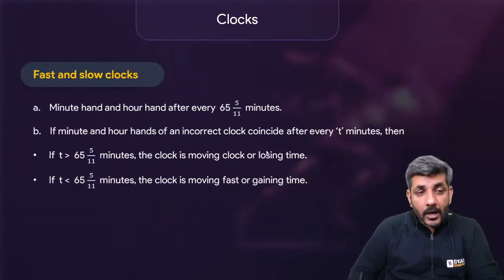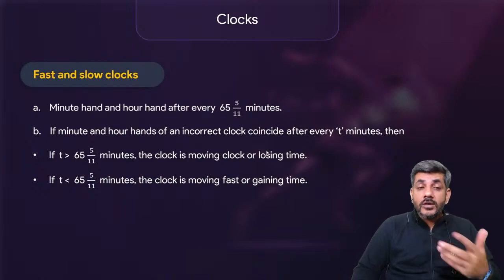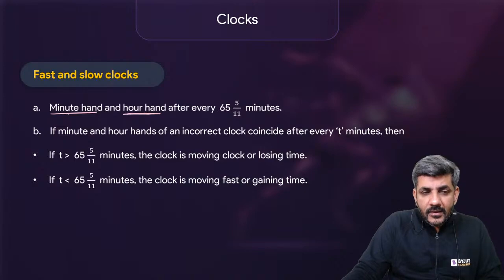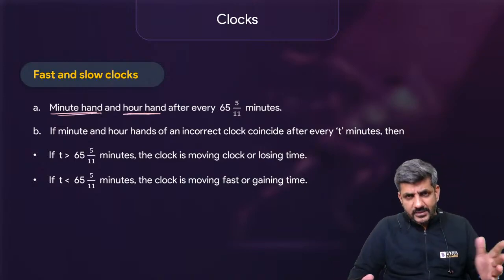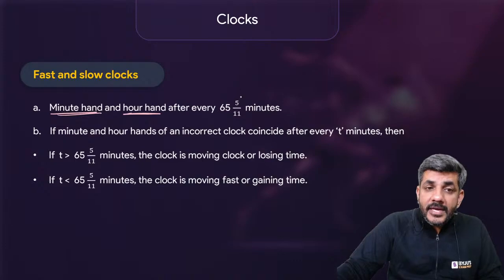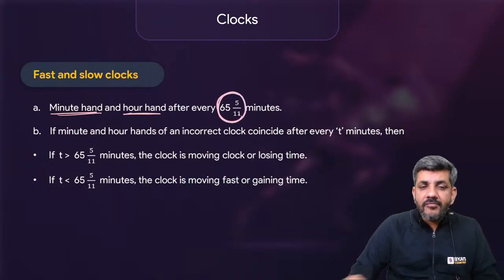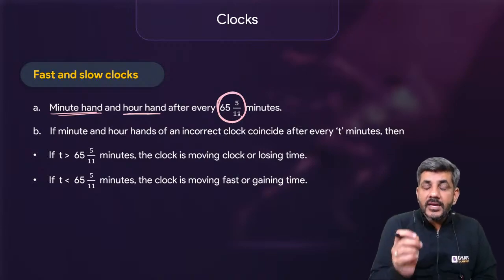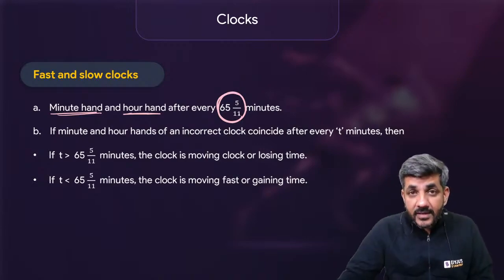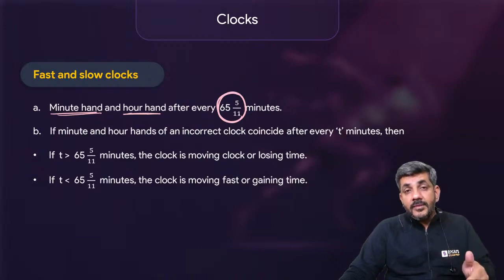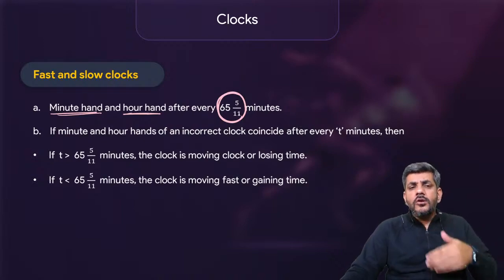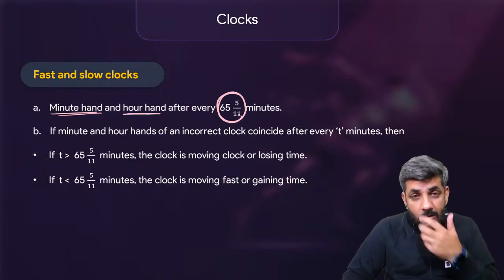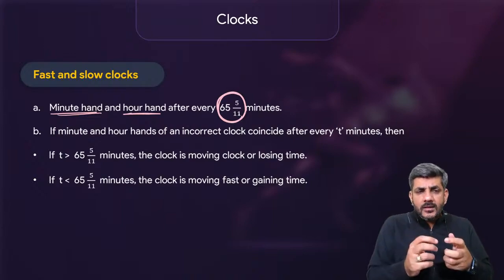Now, what if a clock is gaining or a clock is losing? If the minute hand and hour hand are moving at a regular pace, the way they move in a clock, they meet after every 65 and 5 by 11 minutes. But if there is another clock which is losing time, this is a little important for all of you, because it is a kind of mirage.